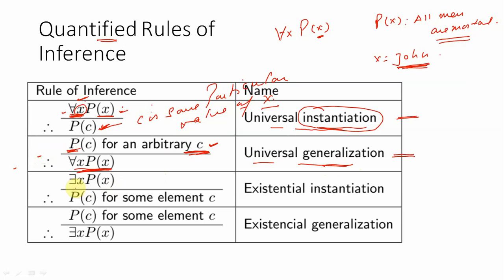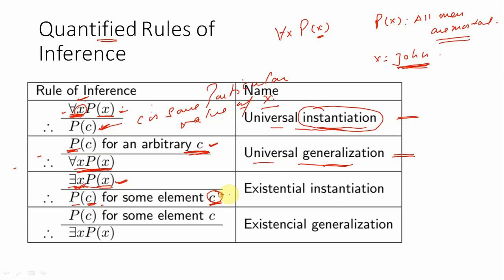Then we have, if p of x is true for some value of x, then we say that p is true for that some value c. If c is the value for which p of x has been identified to be true, then we can write, if there exists x for which p of x is true, and c is that value, then p of c is true.